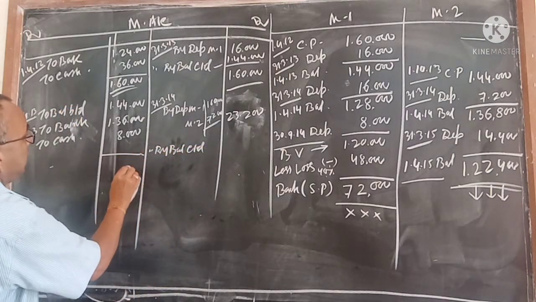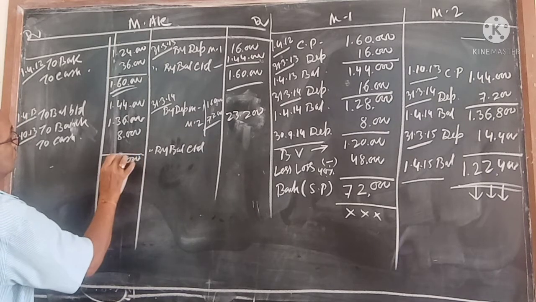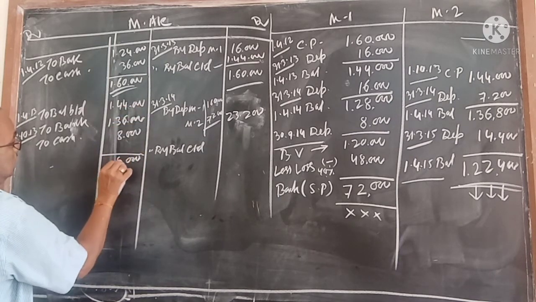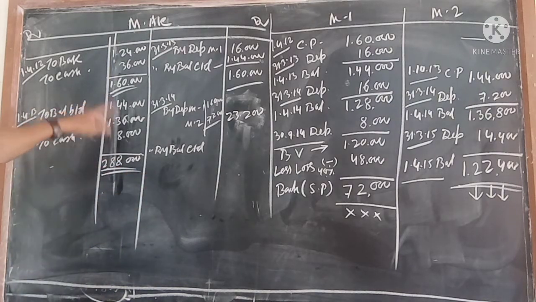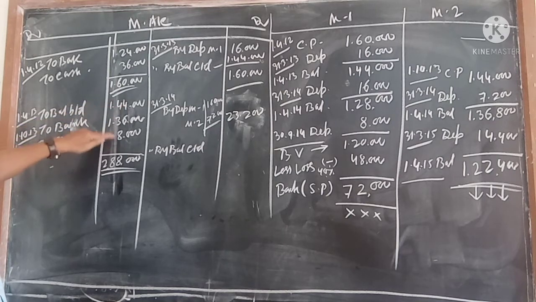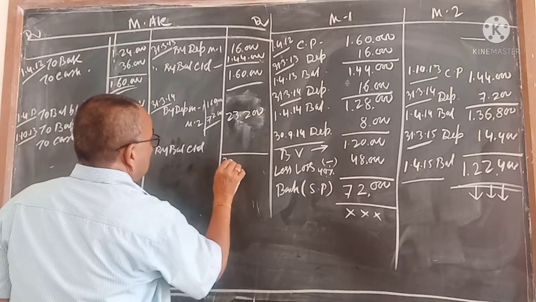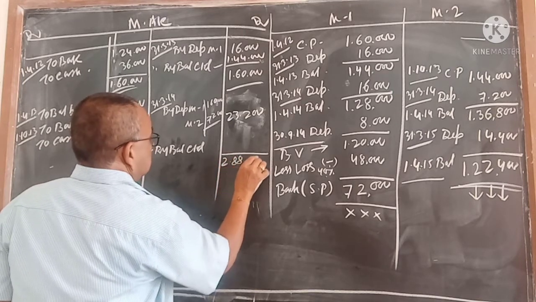Now you add it here. Let me check once again: 288.